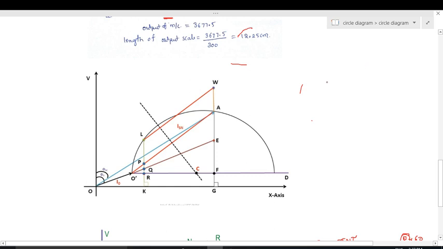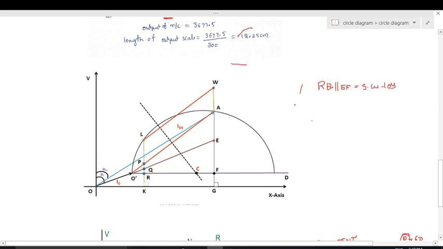So RQ, which is in parallel with EF, is equal to stator copper losses.